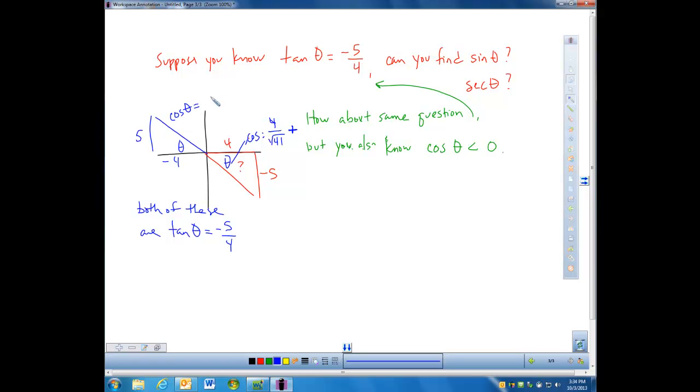And over here, that's negative 4, that's my adjacent side, divided by the square root of 41, so there's a negative 1. So right there, it tells me, hey, that's the triangle I need to work with, the one in the 2nd quadrant. So now that I know that my theta is over there in quadrant 2, I should be able to go ahead and find my answers now.